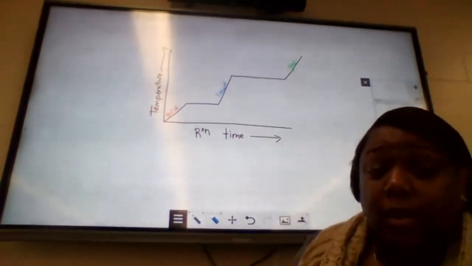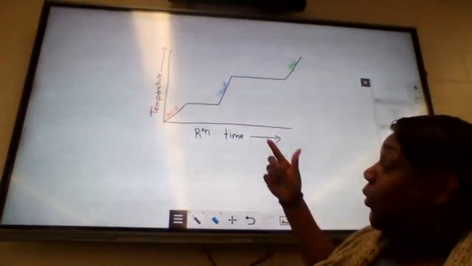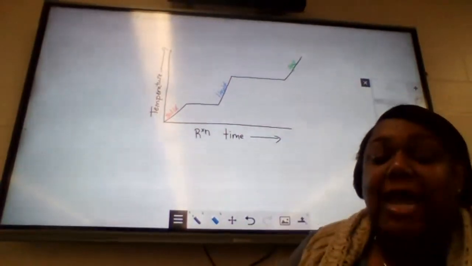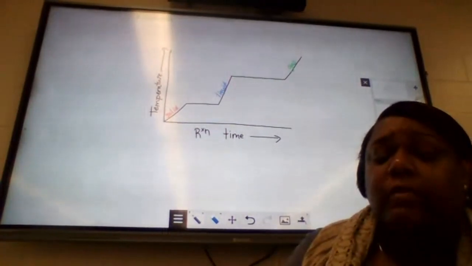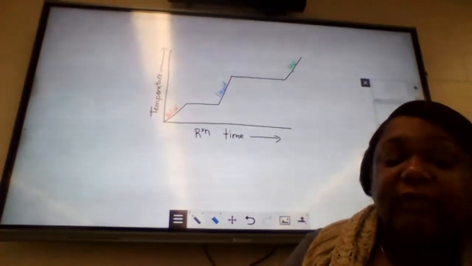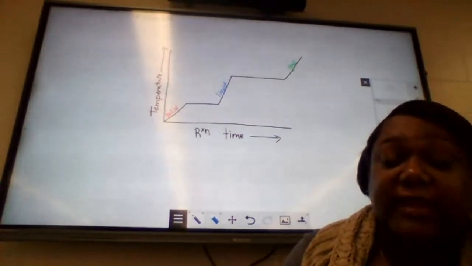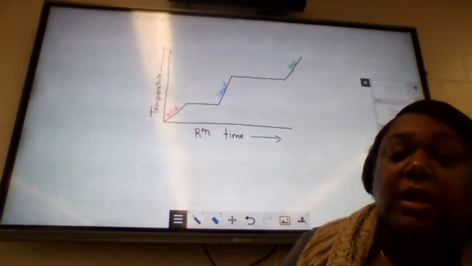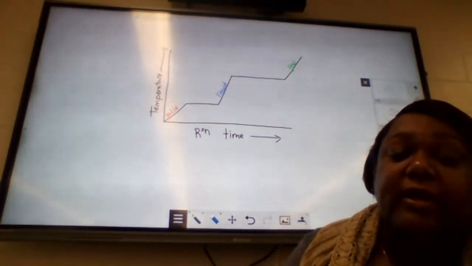And the same is true of the boiling point of water. We know that water boils at 100 degrees Celsius. So at 100 degrees Celsius, that water is going from the liquid phase to the gaseous phase. And that energy that's being pumped in is being used to break the bonds of attraction that are between the liquid molecules.